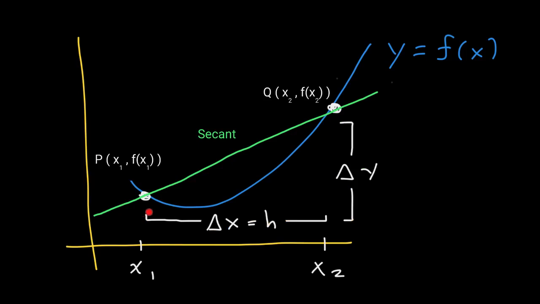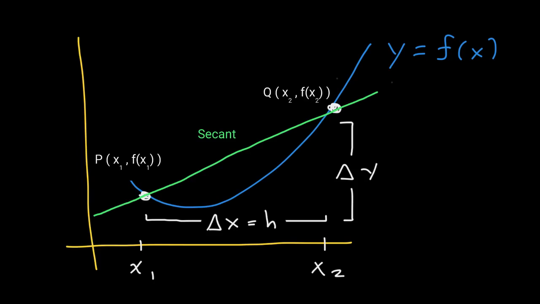This distance between x sub 1 and x sub 2, we call it the change in x, delta x, and we can call that length h. This is delta y, which is the change in your y values. So again, the average rate of change of our function f from x sub 1 to x sub 2 is the slope of this secant line here.